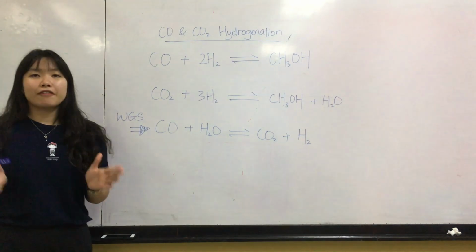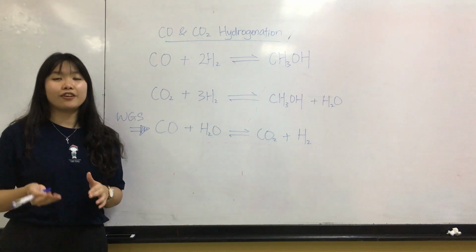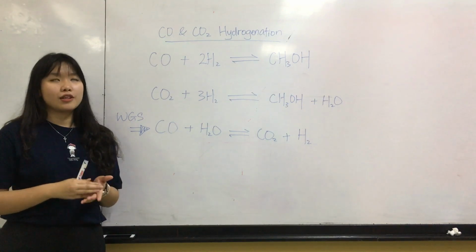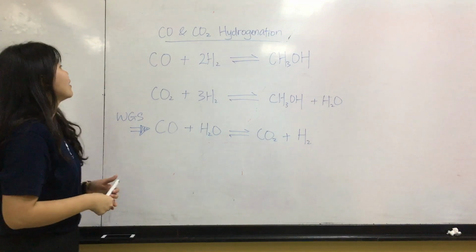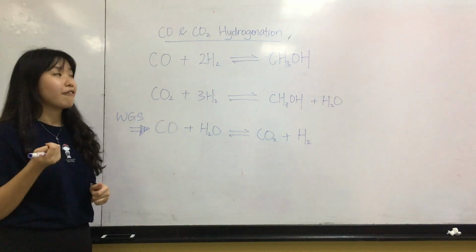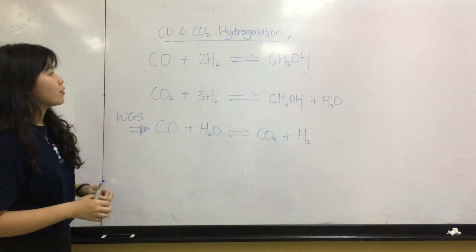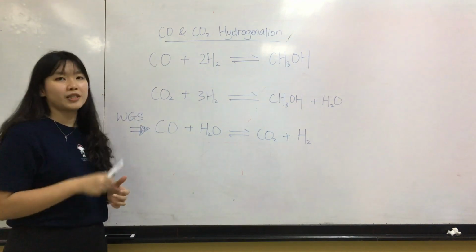The objective of our project is to define the proper operating conditions for the simulation of methanol from the synthesis gas. Here are the three main reactions that take place in the CSTR reactor. The first two reactions are the carbon monoxide and carbon dioxide hydrogenation to methanol.